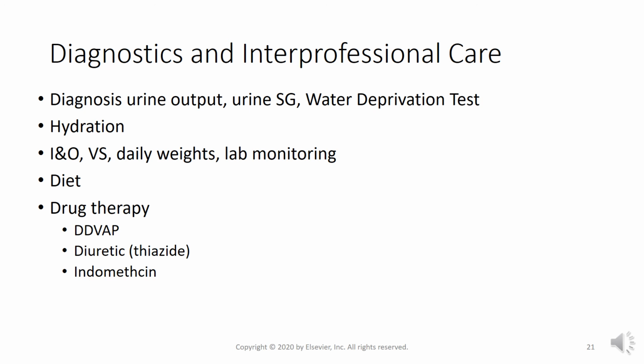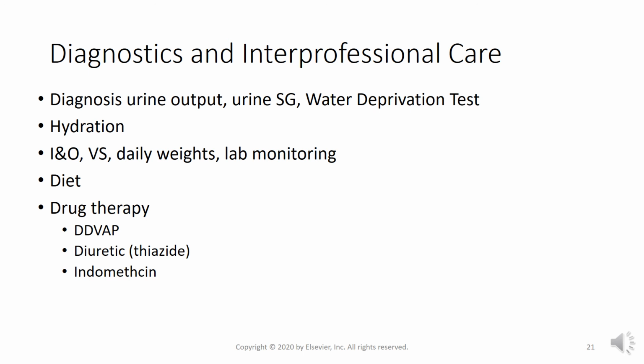If it was a central cause, then the client would need lifelong replacement of ADH, so DDAVP, the synthetic form of ADH. If it was a nephrogenic cause, clients may receive a thiazide diuretic. That's going to decrease blood flow to the ADH sensitive nephrons and cause decreased urine output.